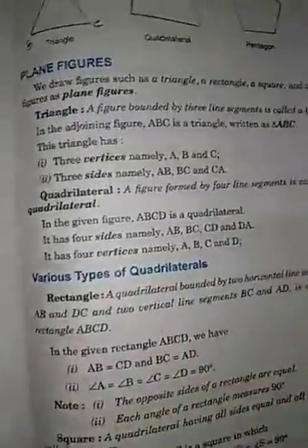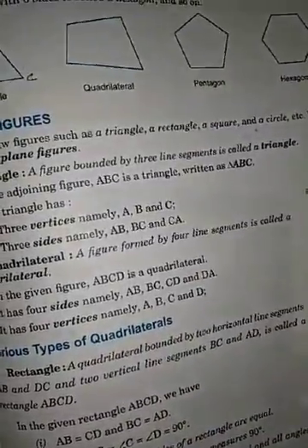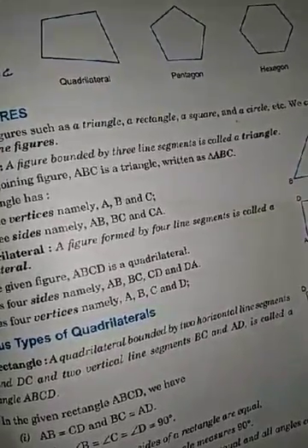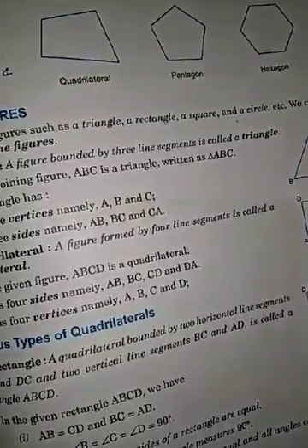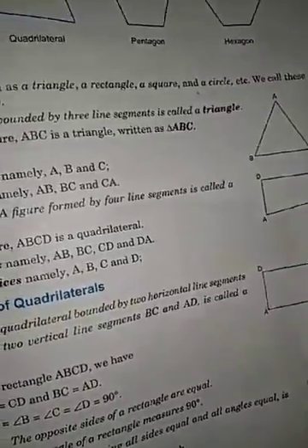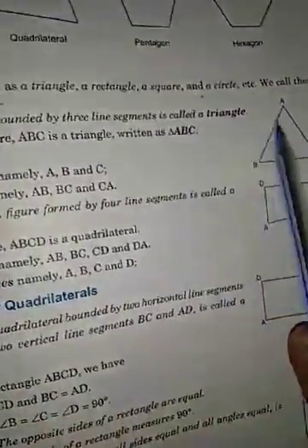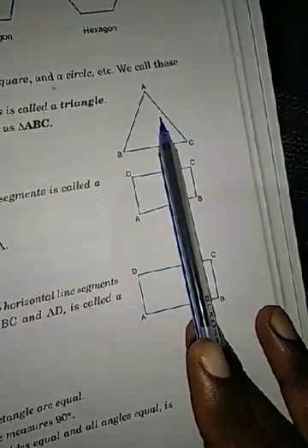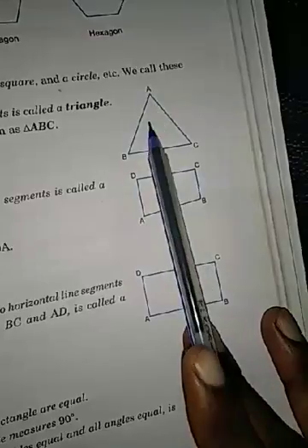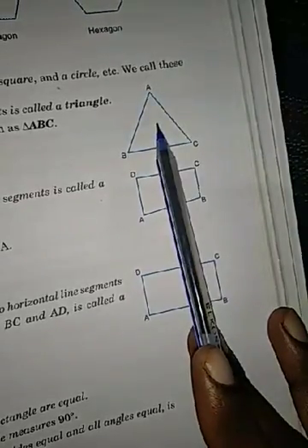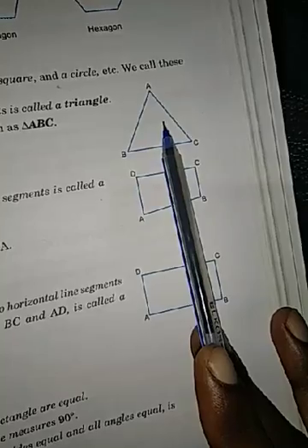Now, plane figures. We draw figures such as triangle, rectangle, square, circle. These all are plane figures. A plane figure bounded by three line segments is called a triangle.